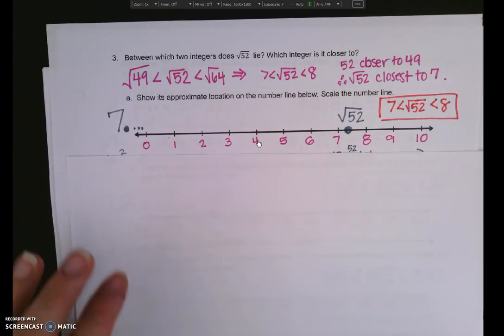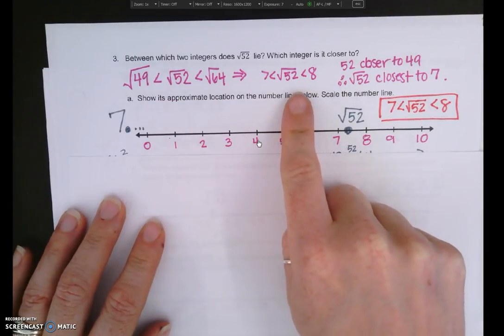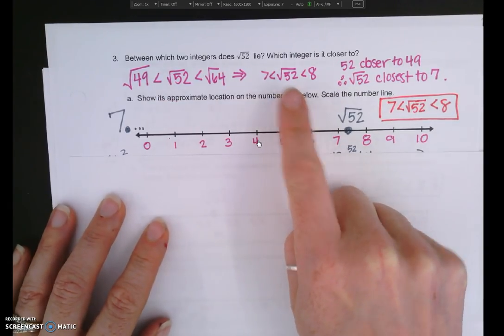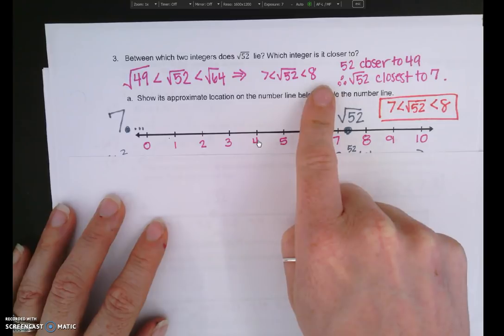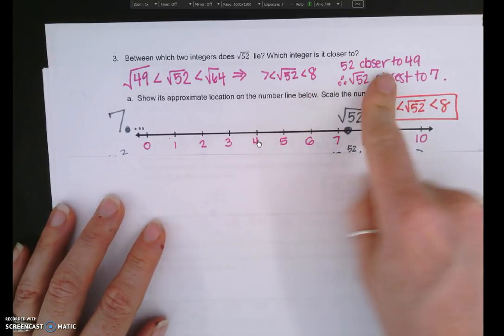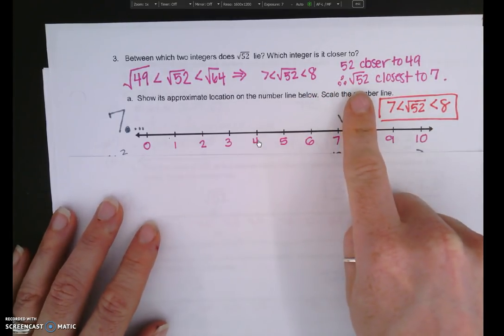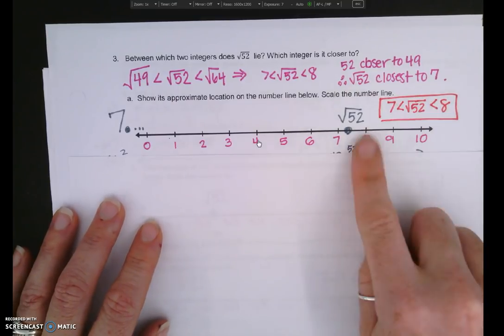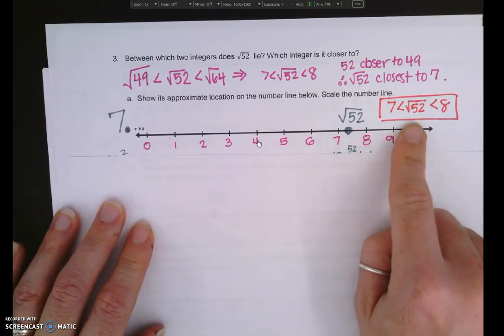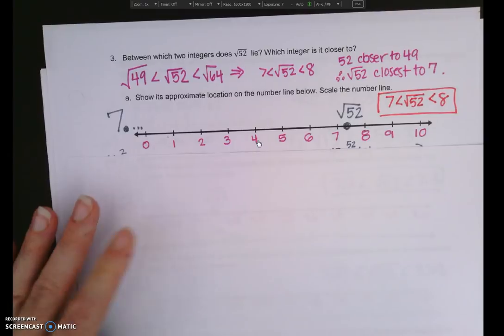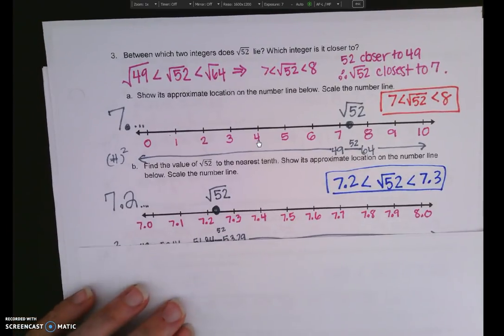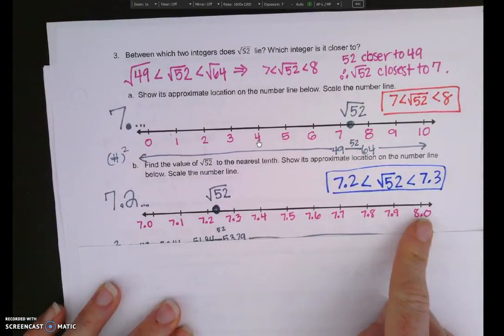Let's see how we did. Which two integers is radical 52 between? Radical 52 is between 7 and 8, but because 52 is closer to 49, radical 52 is closest to 7. So I have radical 52 between 7 and 8. That means my next number line is in between 7 and 8.